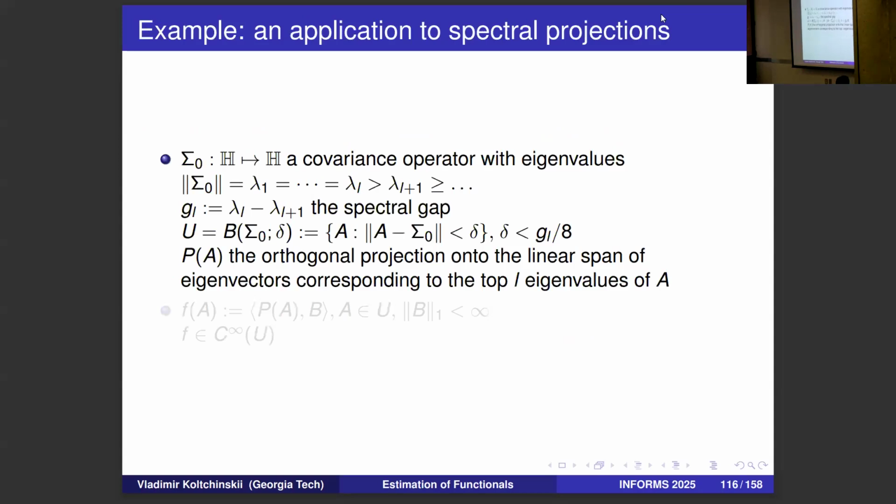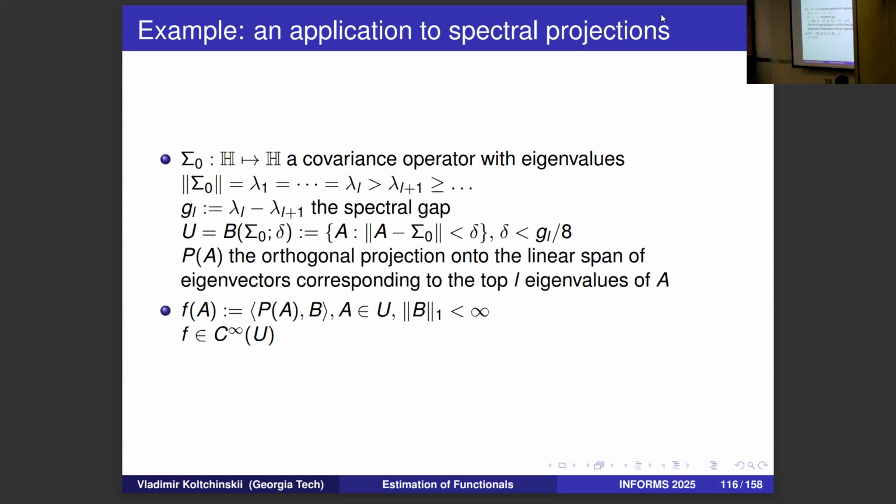Okay, so I discussed this example of spectral projection, right? And I told you that it can be viewed as a locally smooth, locally Hölder functional, right?